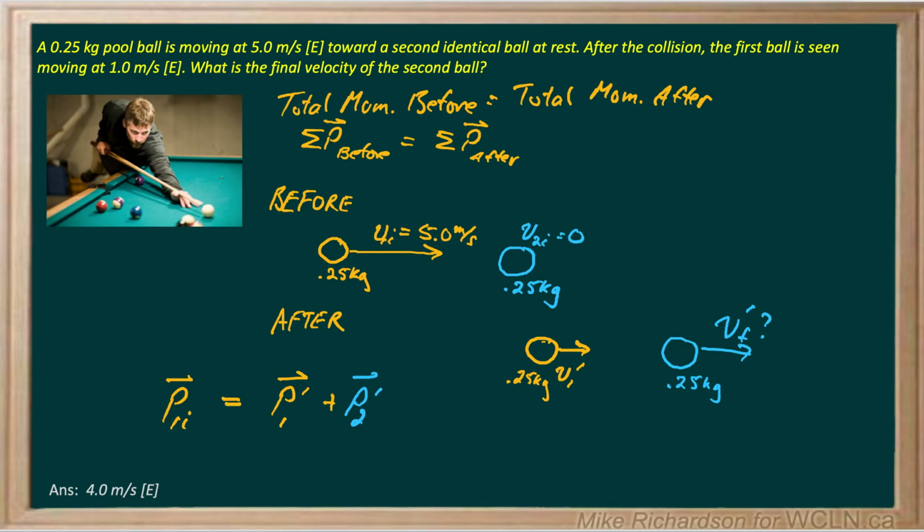So P1 initial, let's put in our values. Mass times velocity, 0.25 kilograms times V1 initial, which is 5 to the right, so we're going to say that to the right is positive, equals P1 final, which they told us was 1 meter per second.